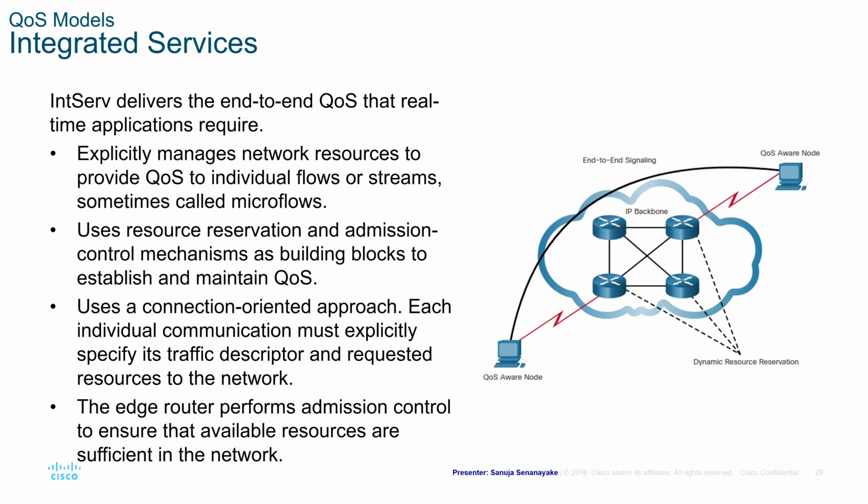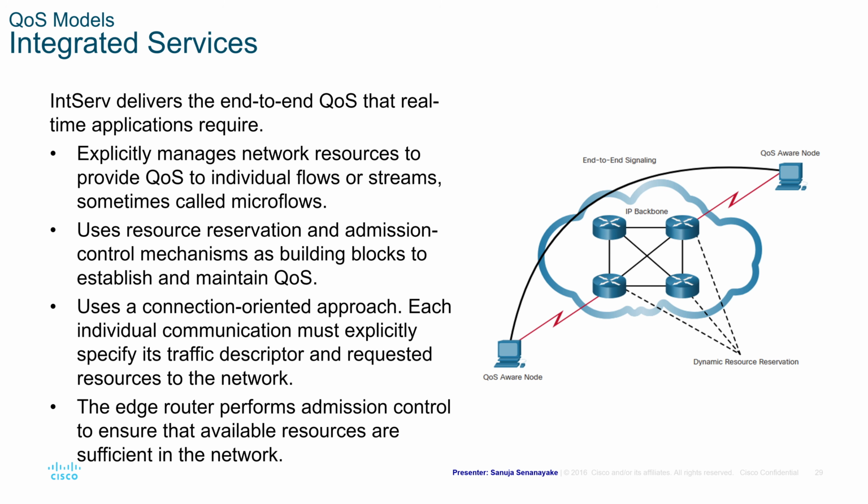It uses resource reservation and admission control mechanisms as building blocks to establish and maintain QoS. It also uses a connection-oriented approach. Each individual communication must explicitly specify its traffic descriptor and requested resources to the network. So each individual communication will be explicitly managed and defined in the stream.